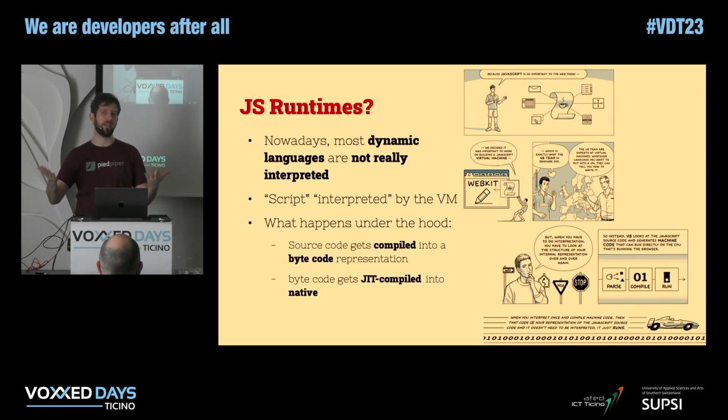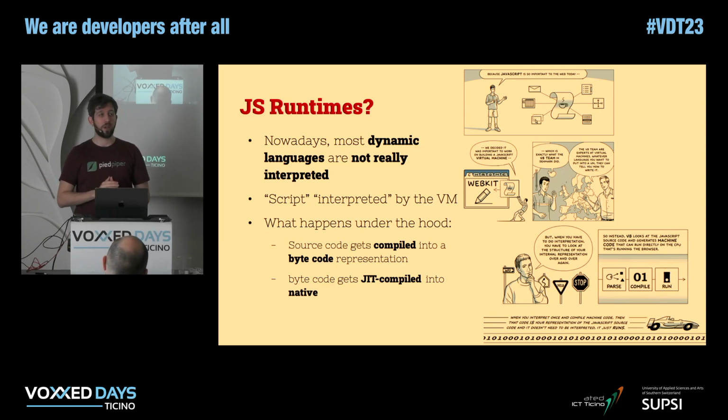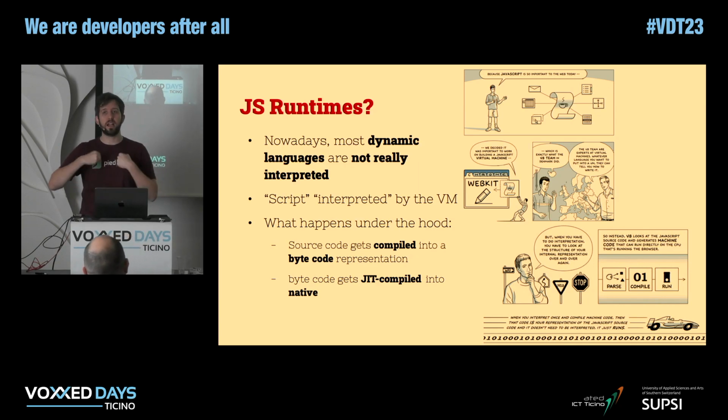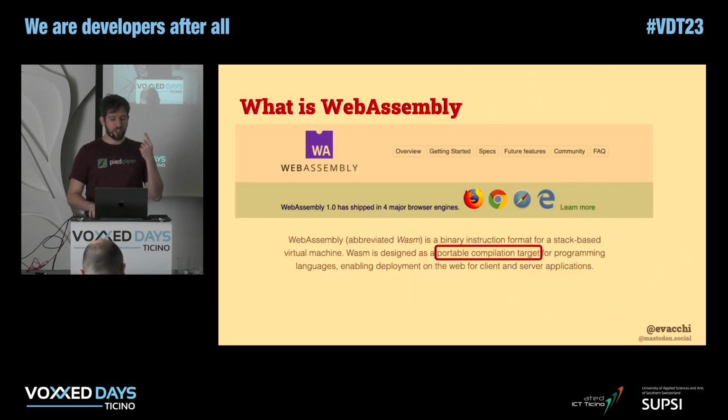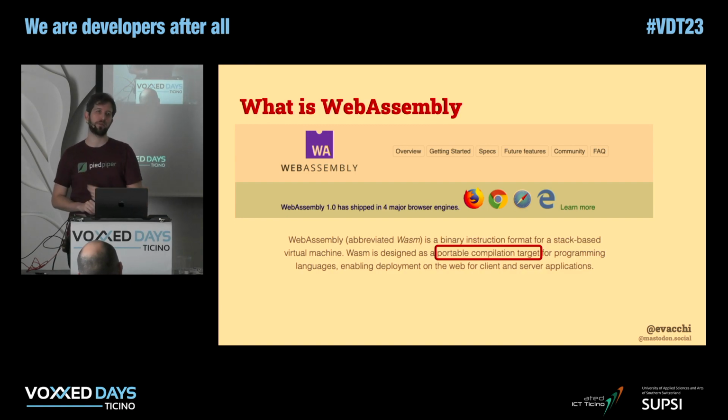So now we have basically all the pieces, kind of. We have a delivery platform, the browser. We have a fast engine, and we have shown that these engines are able to run some flavor of code, in our case, a JavaScript subset, that could be interpreted in a fast way. So the missing bit is just a proper compilation target that could be run by those browsers.